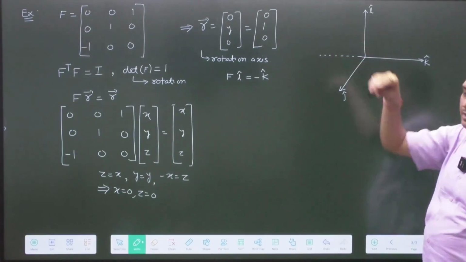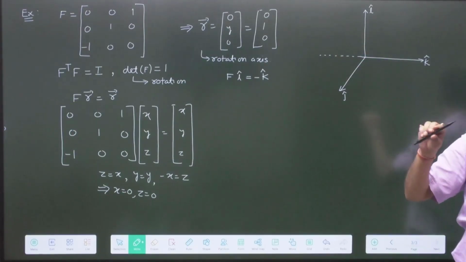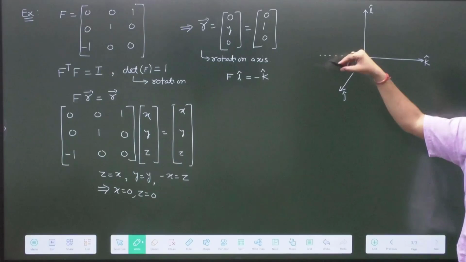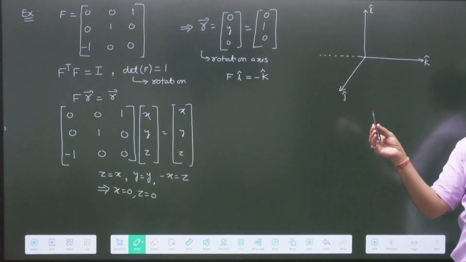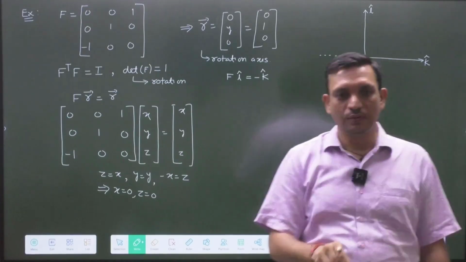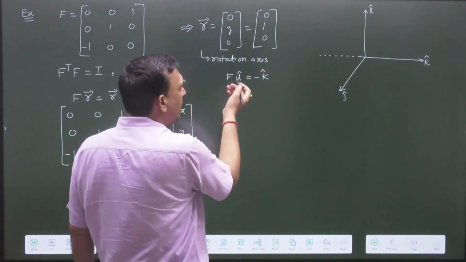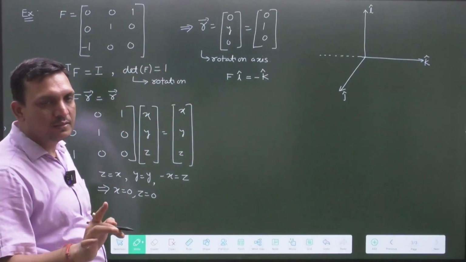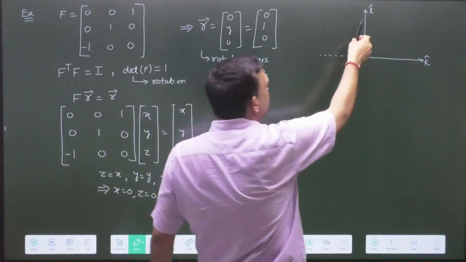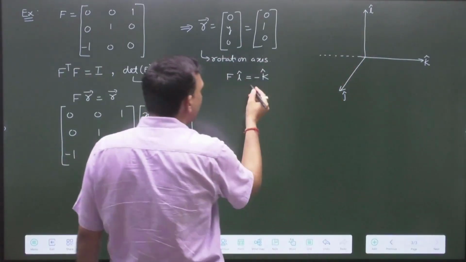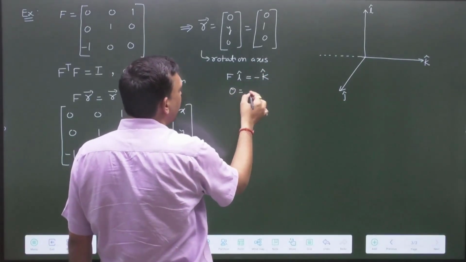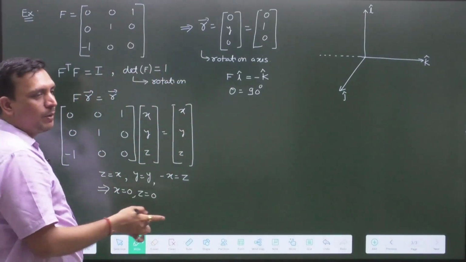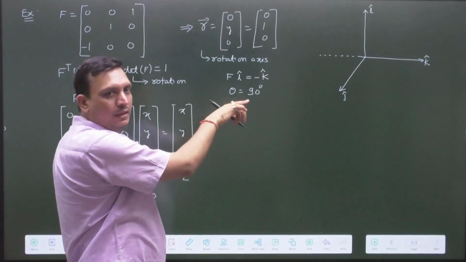About the Y axis, I cap is rotated by what angle? 90 degrees. There is a rotation of a vector by an angle of 90 degrees about the Y axis, because I cap becomes minus K cap and the rotation axis is the Y axis. So about the Y axis, theta will be 90 degrees. This particular matrix will rotate any vector about the Y axis by an angle of 90 degrees.